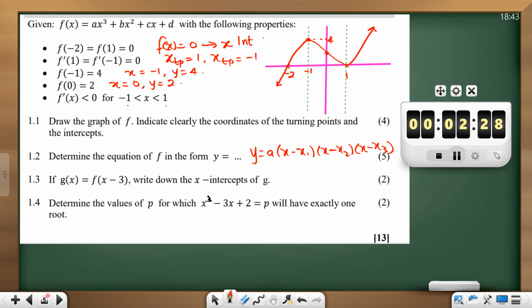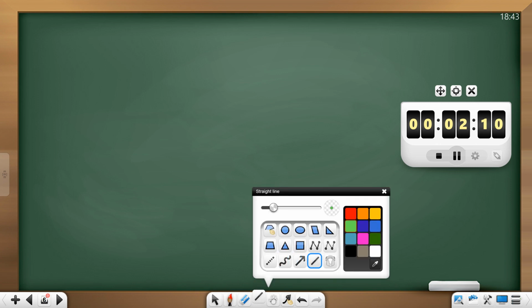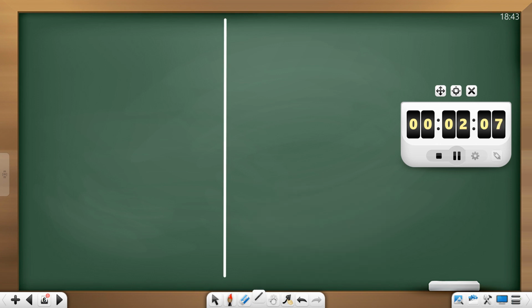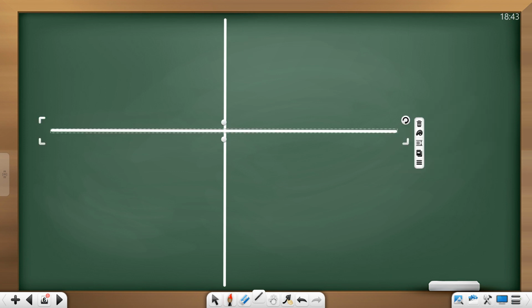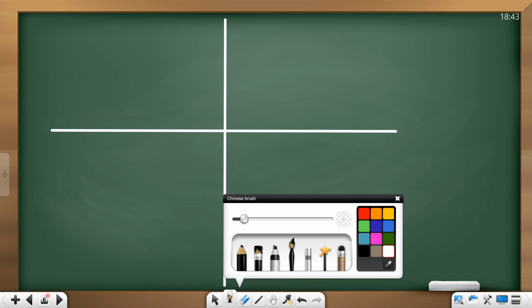Guys, the only thing that can disturb you here is your x1, x2, x3. I just want to draw the graph clearly on a different page. But the rest of these ones. What was our graph looking like?